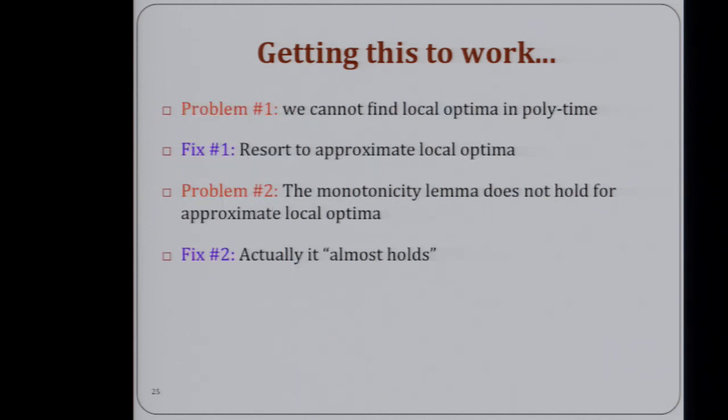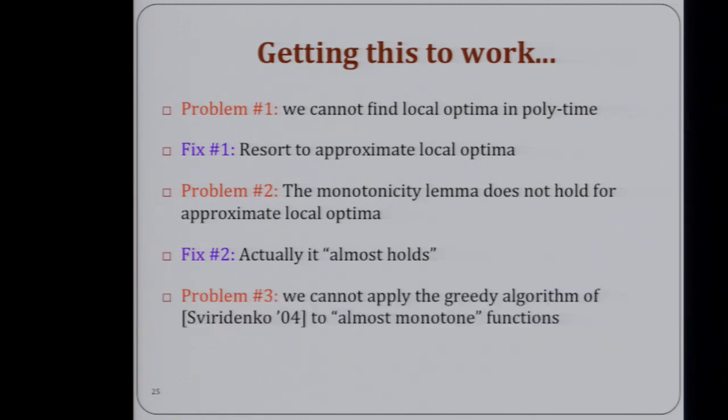So we have kind of fixed this problem as well. But we're still not done because, sure, we got an approximate monotonicity, but if we want to use, for example, the algorithm of Sviridenko, which works for monotone submodular functions, we cannot do it with approximate monotonicity.